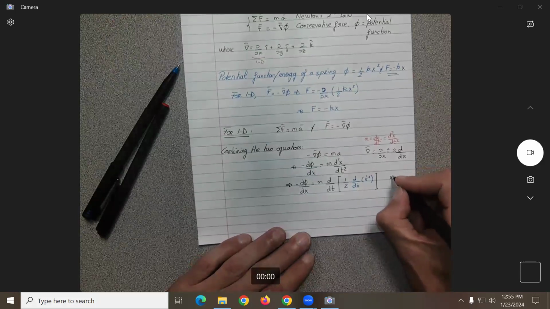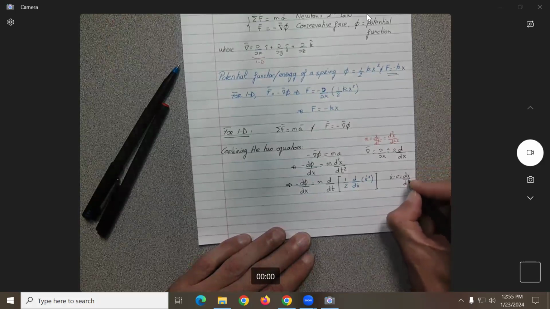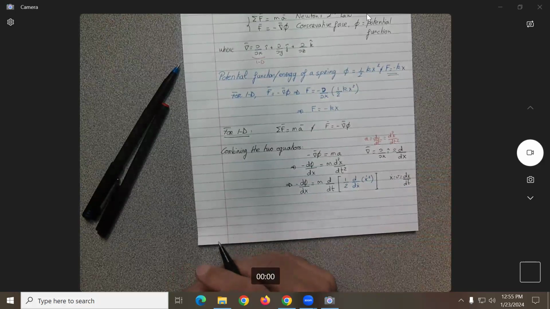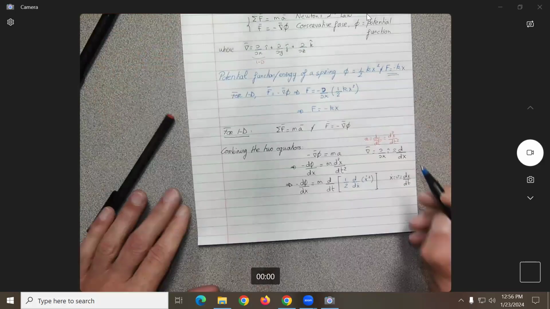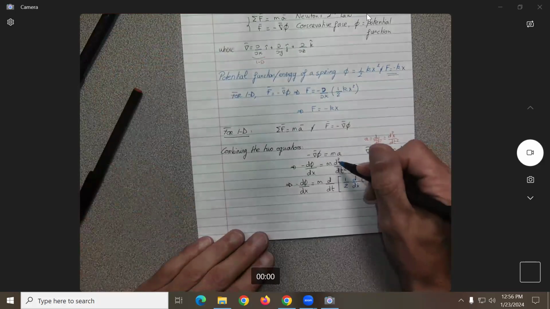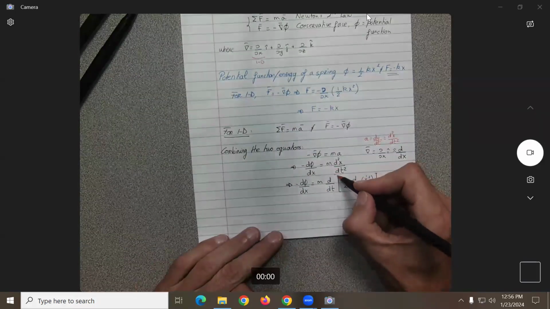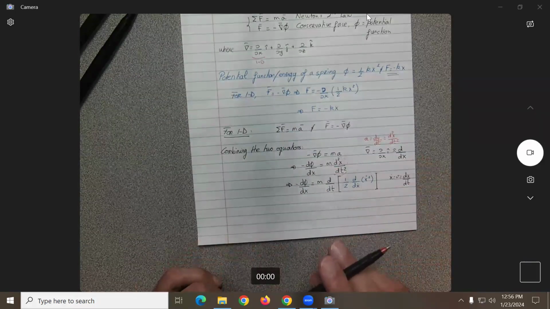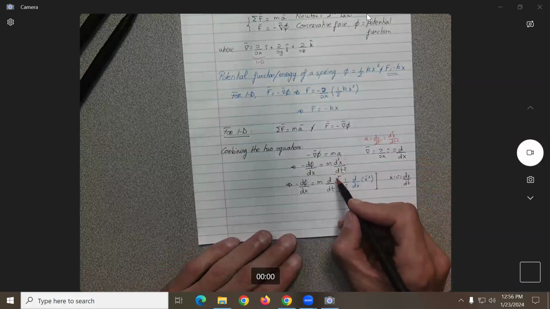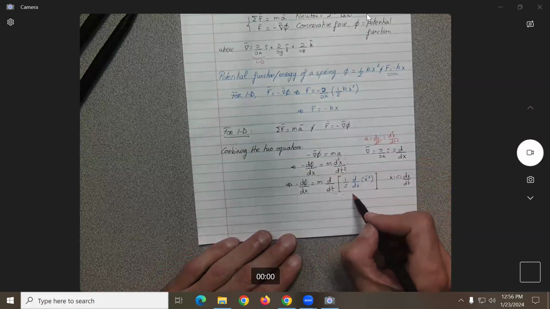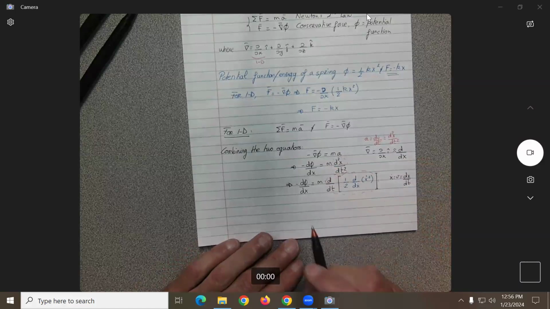What is x dot? Velocity or dx/dt, no? Okay, so now basically what I am saying is that this term over here is equal to all this term over here.